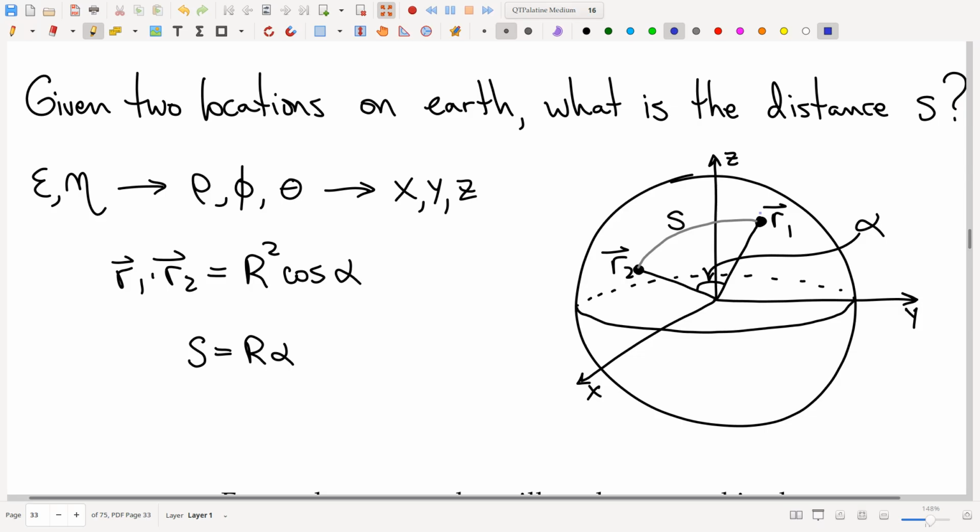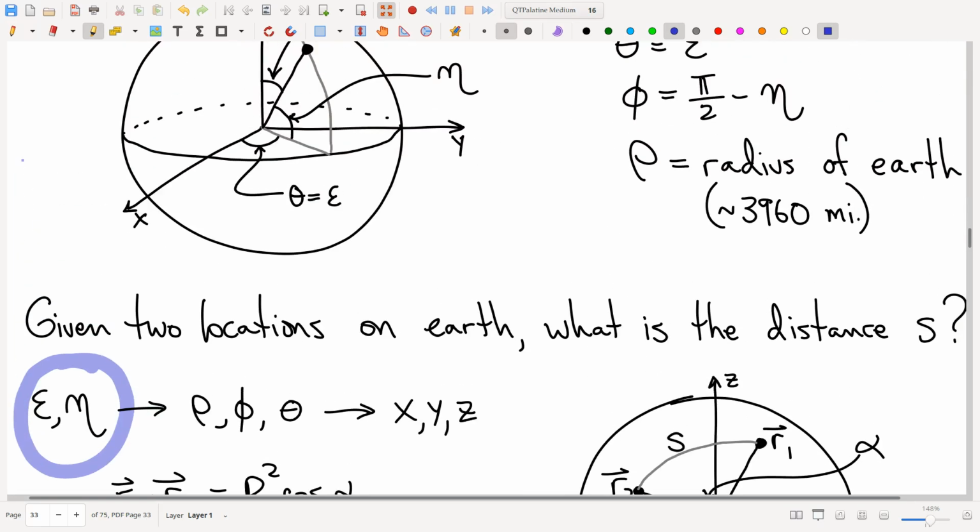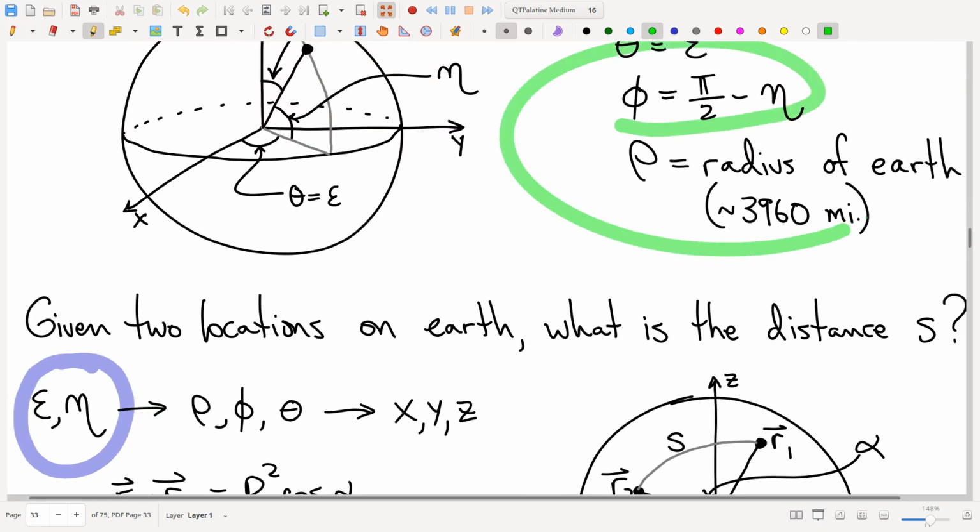But anyway, so back to how do we compute this distance? I mean, how much gas are we going to burn going from RDU to Oslo? And we want to know what that distance is. So here's the slick move. Longitudes and latitudes are right there on the map, easy to read, no problem. Look at the longitudes and latitudes. Use these tricks up here to get the spherical coordinates.